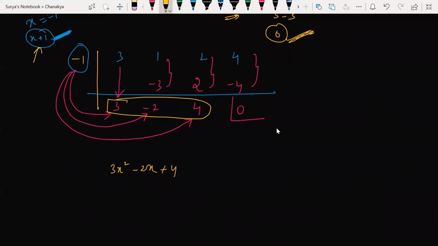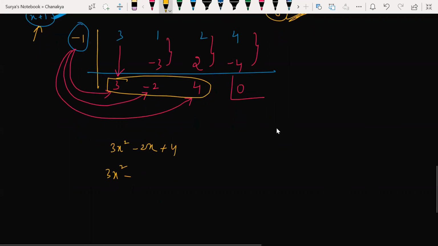So how do you split this? Factorize this now. How do you write this? 4x plus 2x. Sorry, 4 times 3 is 12, right? 12 is nothing but... How do you split the middle term?